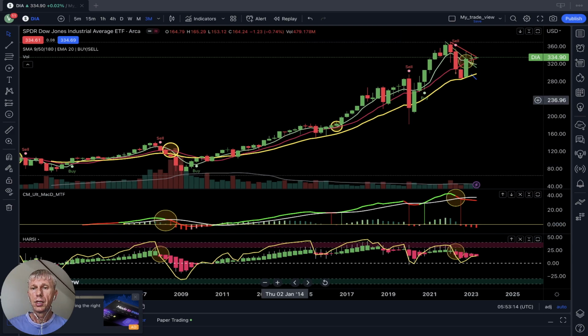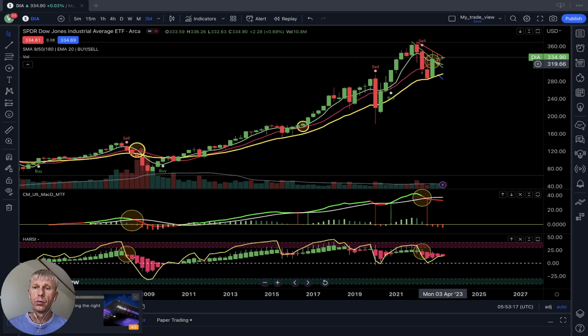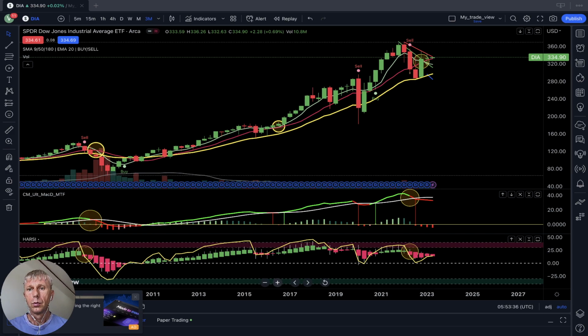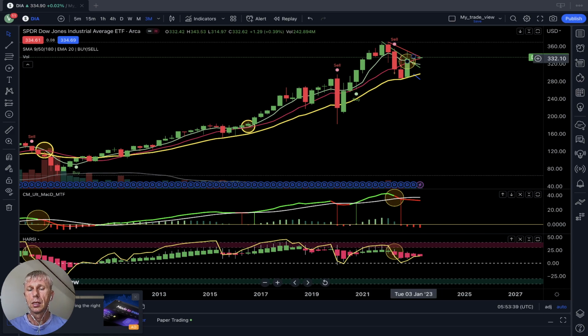We'll see. If a recession starts this year, MA5 will do a bearish crossover over 20. And now it just did a bearish crossover over 10. We just started a new quarter. The previous quarter was from last year, the fourth quarter, on Dow Jones on the quarterly time frame.